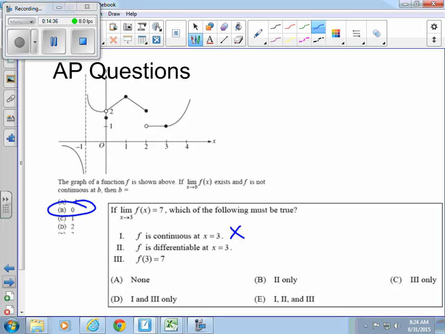Does it guarantee that f of 3 is 7? No, because it could be a hole, right? So it's actually none. I know you don't know what differentiable means, and that's okay. So the answer is A, none. We'll figure out why that's not differentiable next chapter. Any questions about that one? Not necessarily.